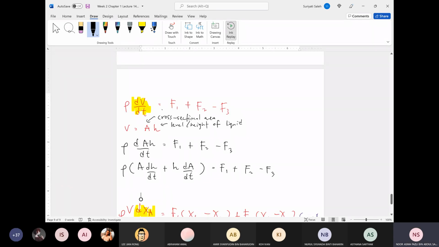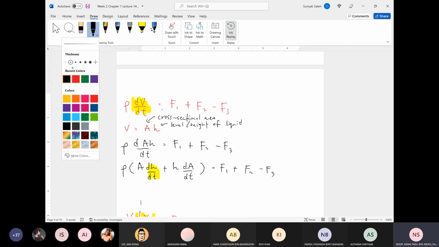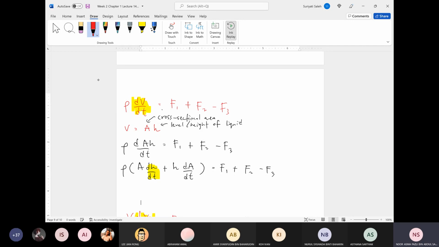So based on the expansion, you have two terms, A dH over dt plus H dA over dt. The first term, dH over dt, reflects the change of level against time. And here, dA over dt is the change of area against time.